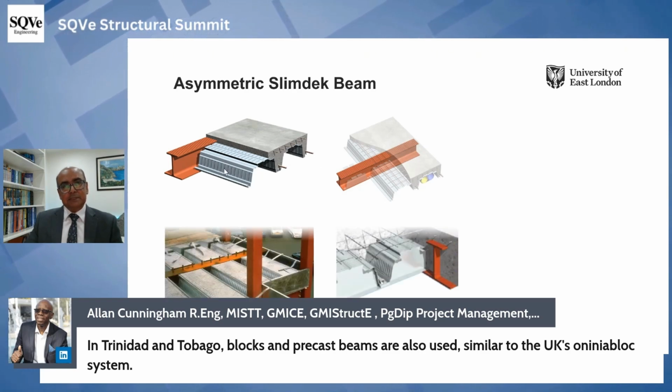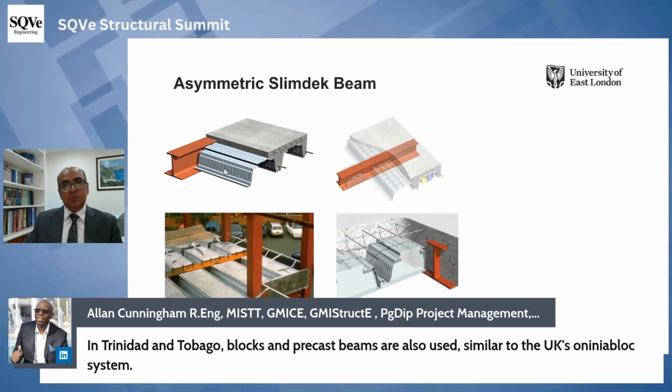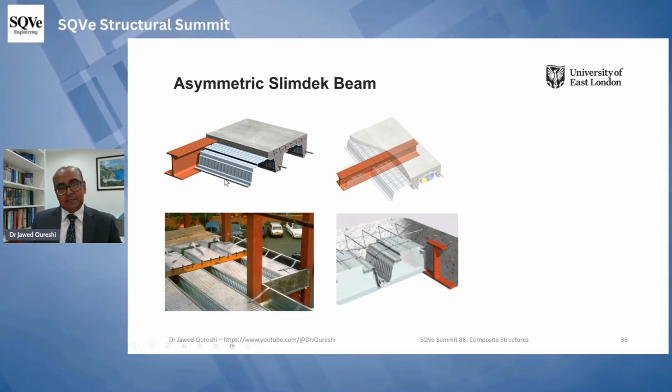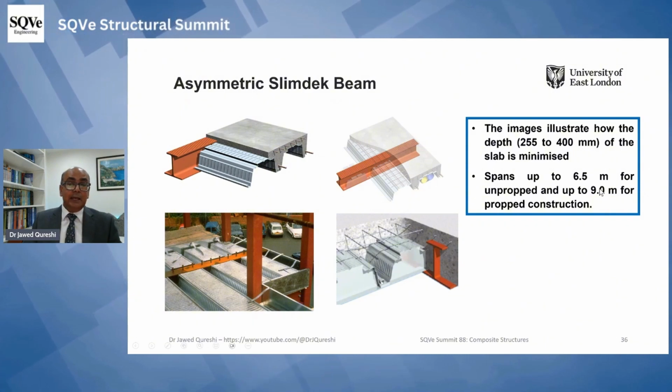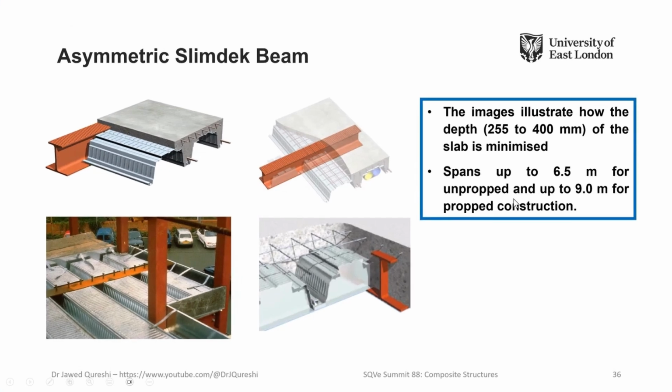The purpose of this type of system is to reduce the depth of the section. Here the depth is 255 to 400 millimeter overall, and it can span up to 6.5 for unpropped construction and up to as much as 9 meter for propped construction.